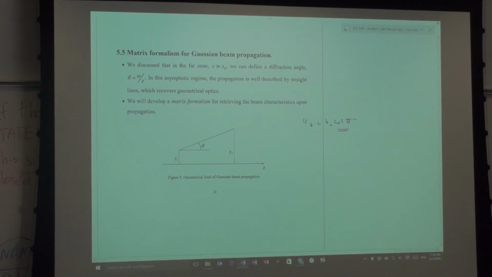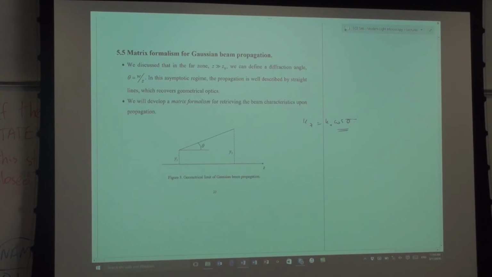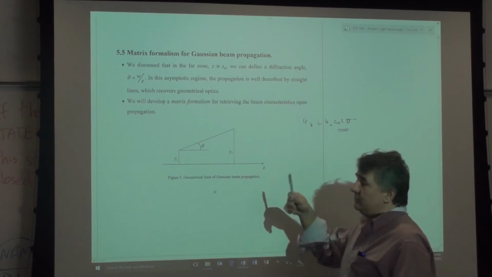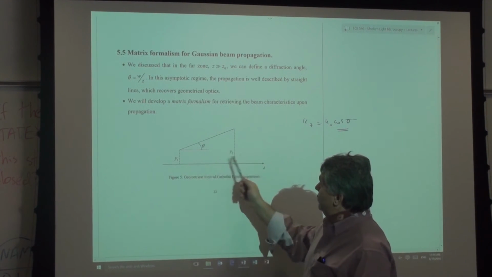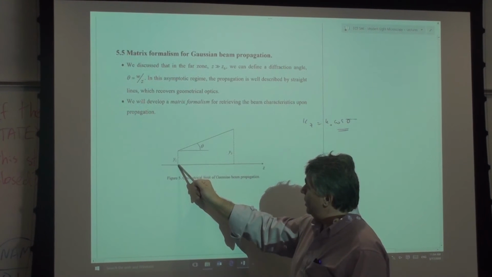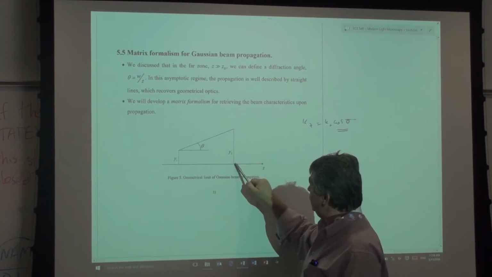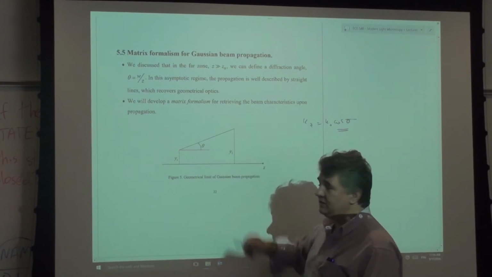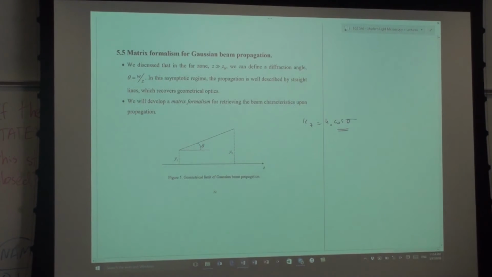Clearly, it's not so surprising because they're both small angle approximations. So it's essentially linearizing the problem, linearizing those square roots and stuff. That's why the matrices apply, because it's a linear problem. Okay, so let me review quickly the matrices for a ray. If I have a ray here, y1, and I'm looking at a z distance away, y2 is going to change, but the angle is going to be the same.